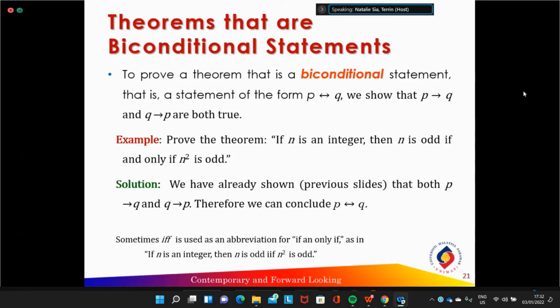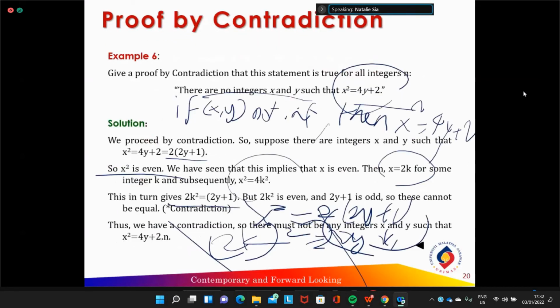So here we started with negate P, is it? Yes, for the negated P. The earlier one is x, y is an integer. Okay. So here we say that there's no such integer, so you say x and y is not an integer. So negation of P would be there is such an integer x and y. And that's why we went about looking.